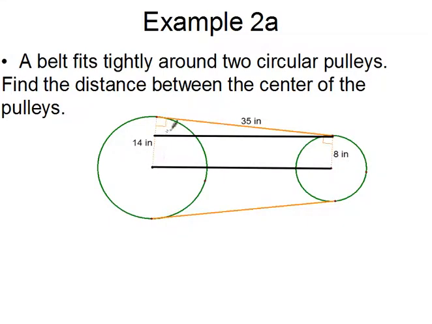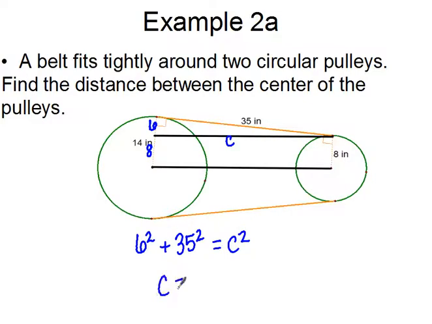Okay, so this used to be 14 here. This part is 8, so that means this part has to be 6. And we created a right triangle in the top here. So we're still finding the hypotenuse, it's just upside down this time. So we'll do 6 squared plus 35 squared equals c squared.